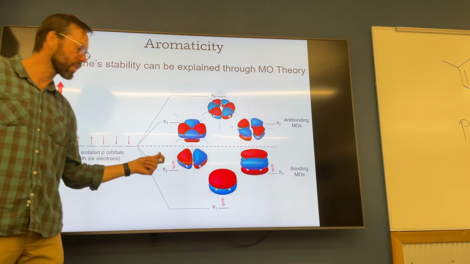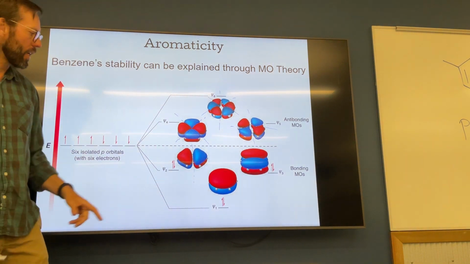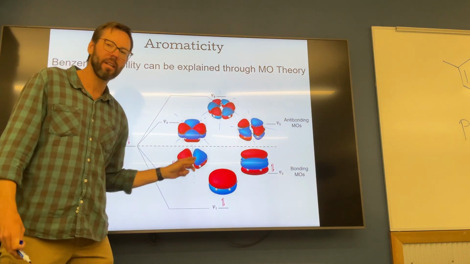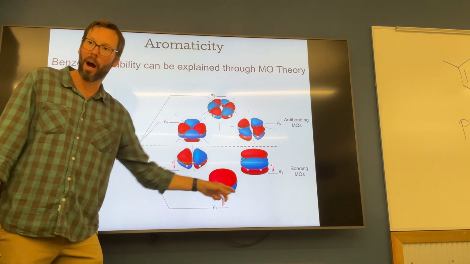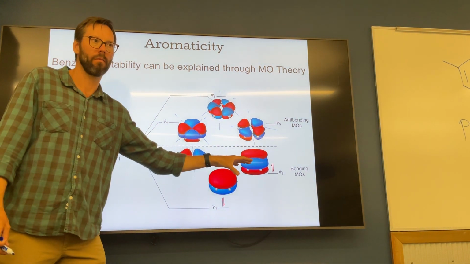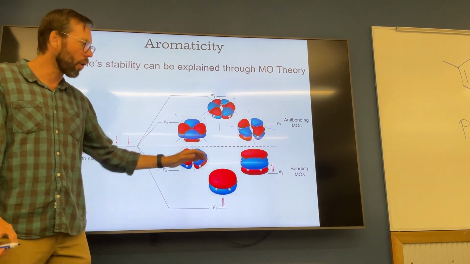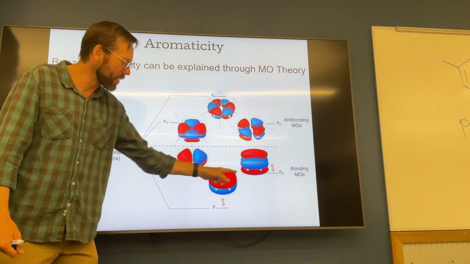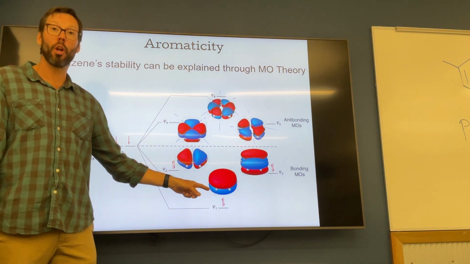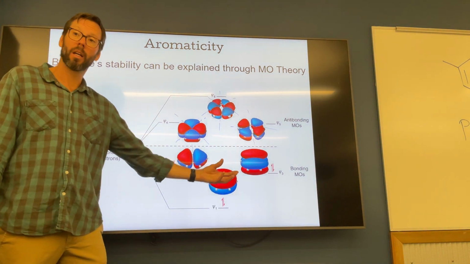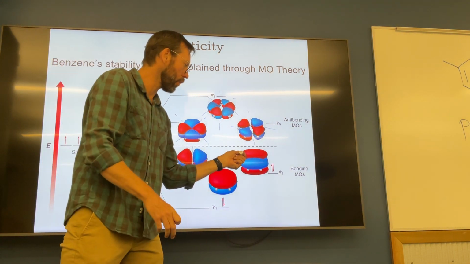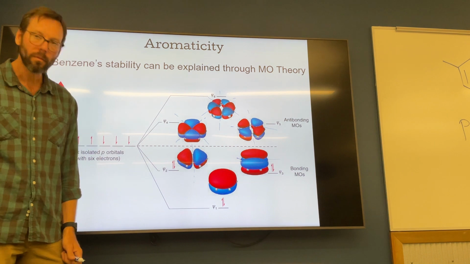We have these 6 electrons, and it turns out that we can fill these 6 electrons in these 3 bonding molecular orbitals. And they're all bonding, not anti-bonding. This obviously is the most favorable because there's no node and it's completely overlapping. But these are the next best thing because there's only one node here, right?